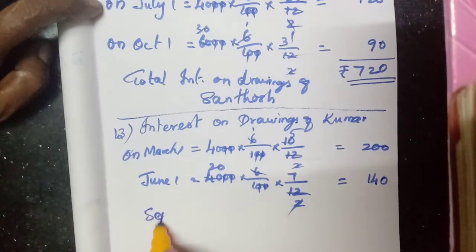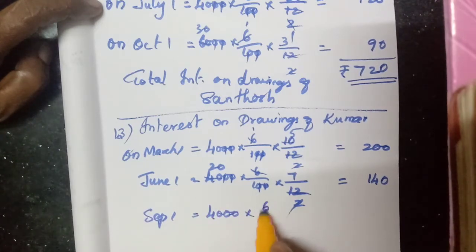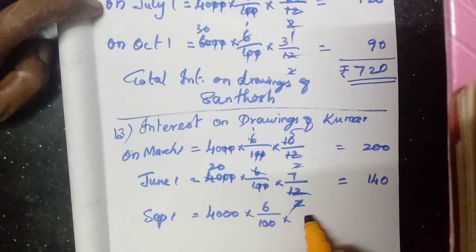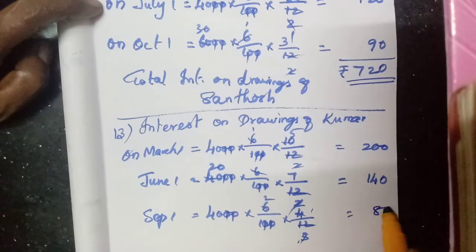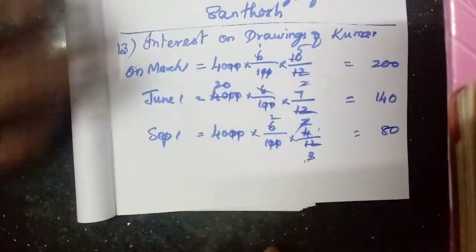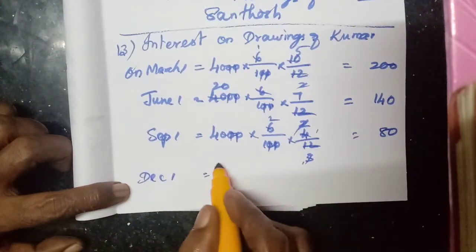Then September 1. Same amount, 4000. September, October, November, December, 4 months. Okay, 1, 4, here 3. Then 3, here 1, here 2. 40 into 2, 80. Then December 1, 4000.